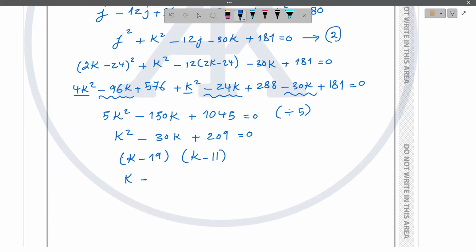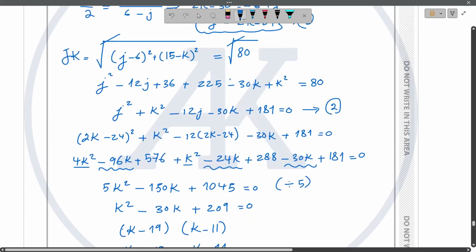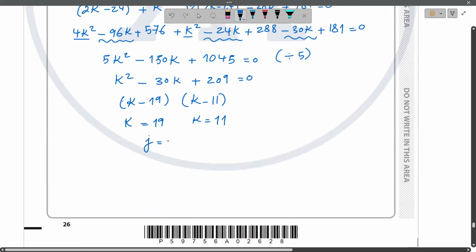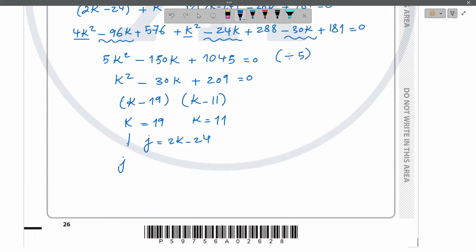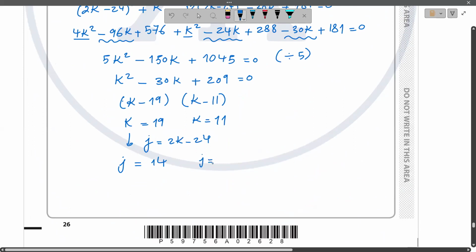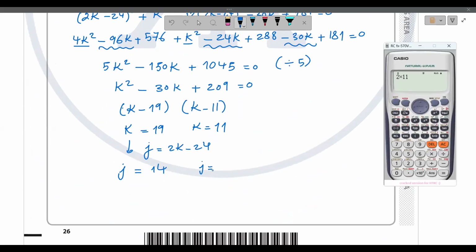So k equals 19 or k equals 11. Then let's substitute in the first equation, j equal to 2k minus 24. So j here will be equal to: multiply 19, 2 times 19 minus 24, it's 14, and 2 times 11 minus 24, which is negative 2.